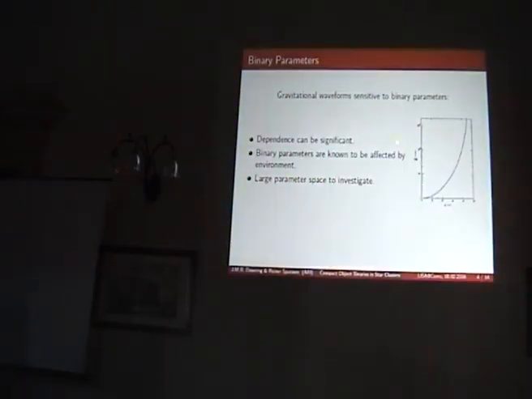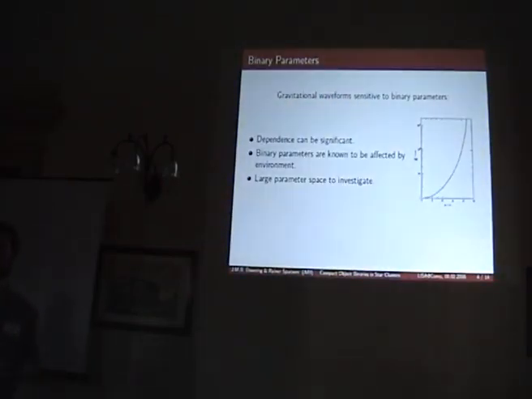And as we've also seen, binary parameters are very definitely affected by their environment. And it's a bit different in star clusters than with supermassive black holes in galactic centers, because rather than having one or two objects that are many, many times more massive than the rest of the objects in the system, now you're dealing with objects that are inspiraling, interacting with a system in which they are of comparable mass to all the other objects.